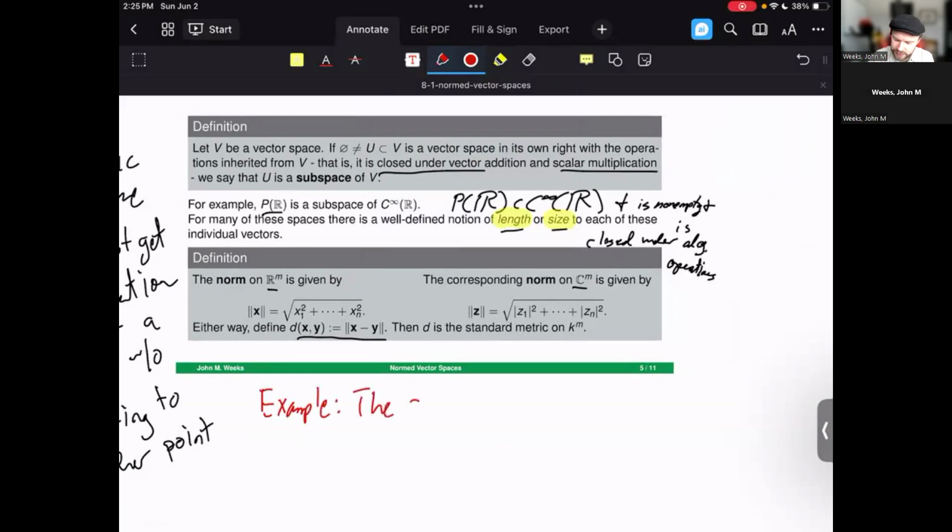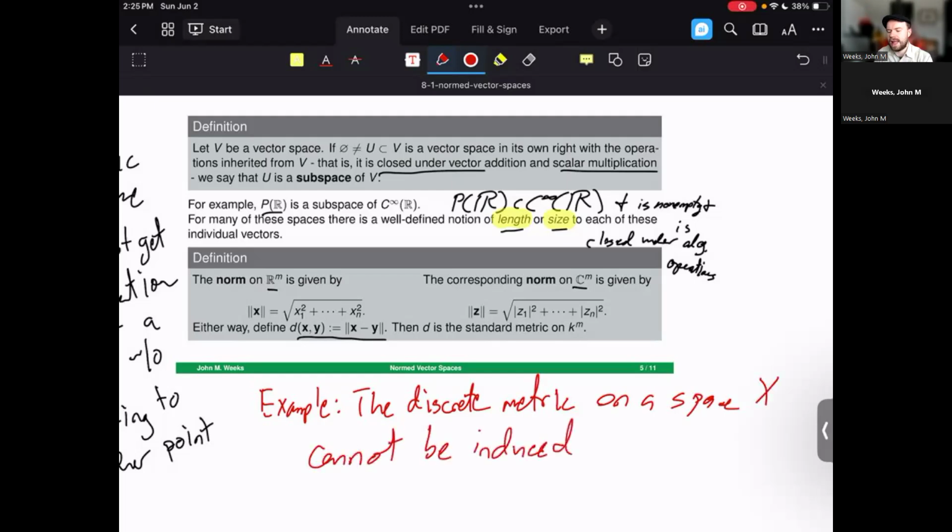The discrete metric on a space X cannot be induced, and we'll use the term induced here to mean that it comes from a norm on that space. So the discrete metric is special in that way. It is something that is a pure metric. It cannot be induced from something that comes from a stronger amount of structure. It cannot be induced from a norm.